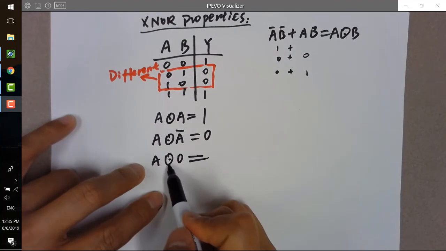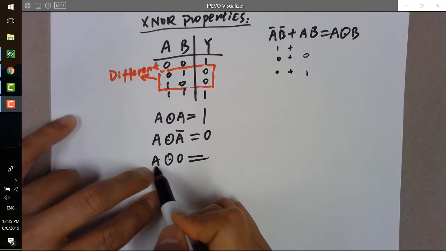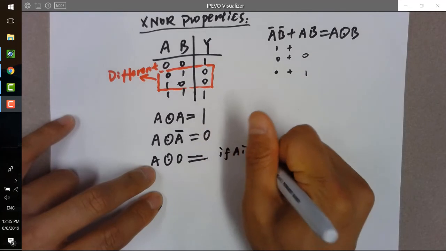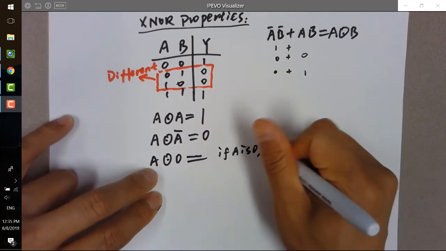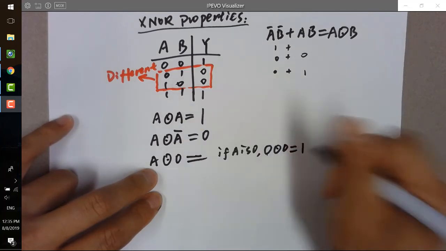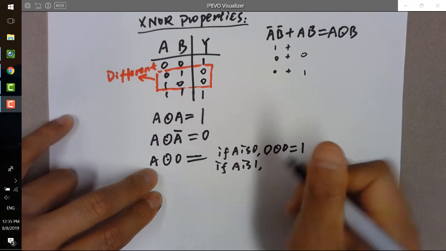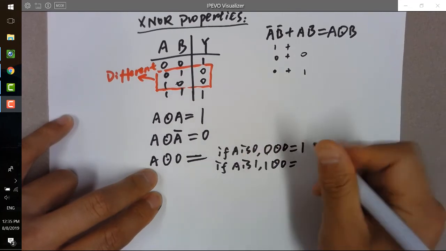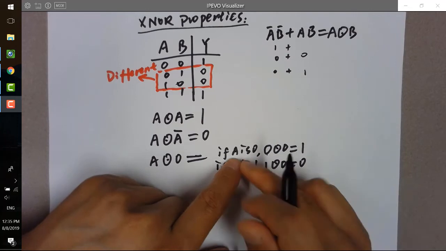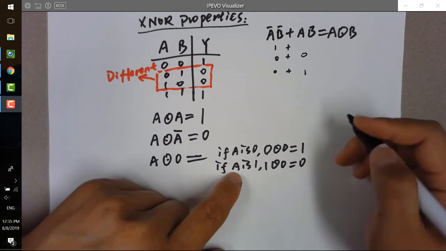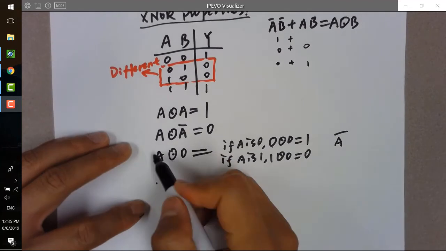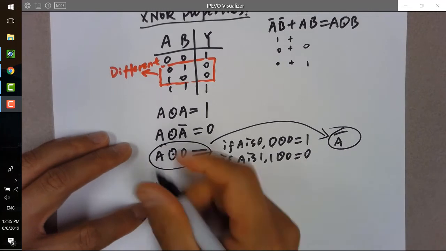By doing this one, you can give examples to A. So if A is 0, 0 XNOR 0 will be, because they're the same, 1. If A is 1, 1 XNOR 0 will be 0 because they're different. So if you look at this, when A is 0 the result is 1, when A is 1 the result is 0. So it's actually A bar, depending on what A is. So this one equals A not.